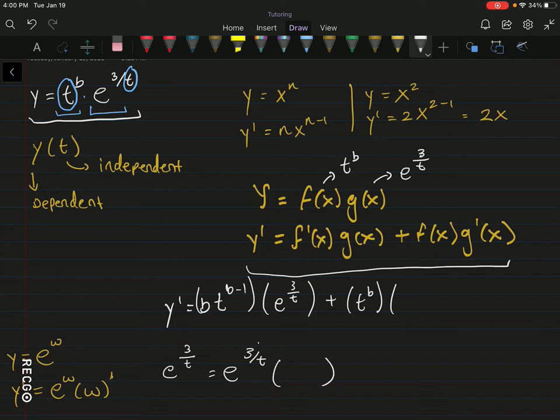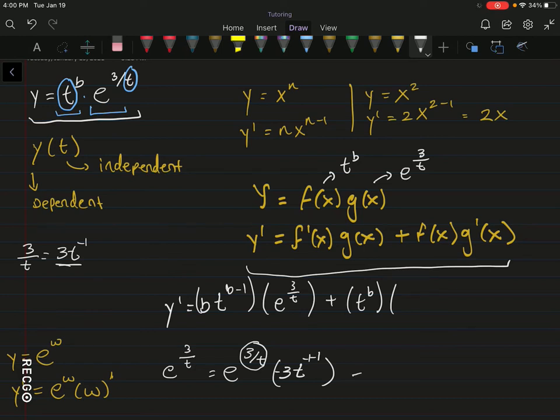So let's look at this fraction only. In order to make it easier on ourselves to take the derivative of this, we can rewrite it as 3t to the power of negative 1. Right, so if we take the derivative of this, we know we have to bring the power of negative 1 down, and it multiplies by 3, so negative 3t to the power of negative 1 minus 1, which is negative 2.